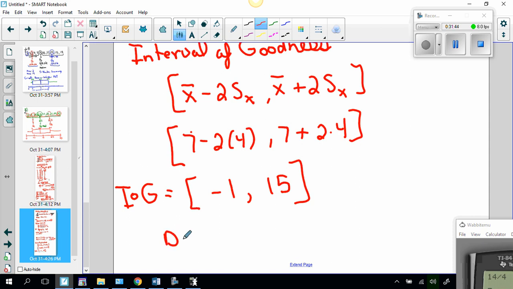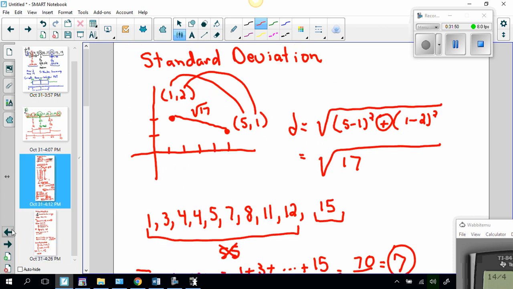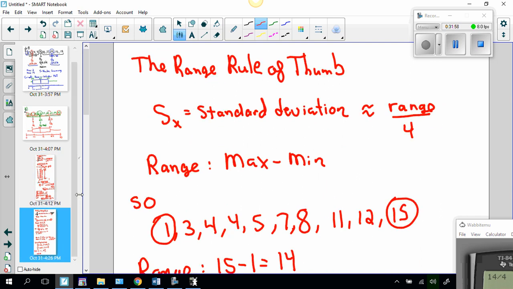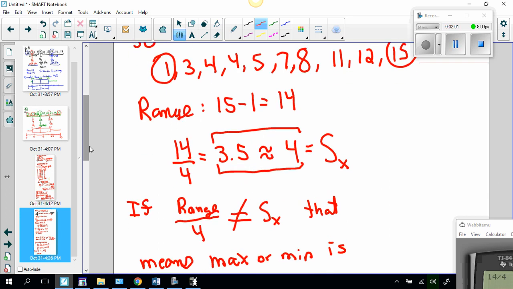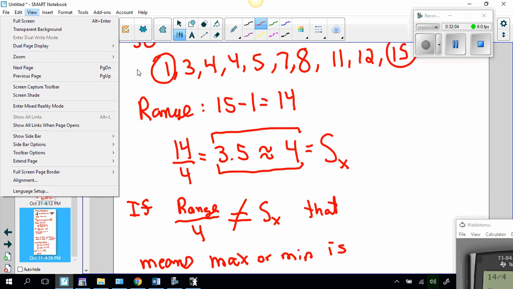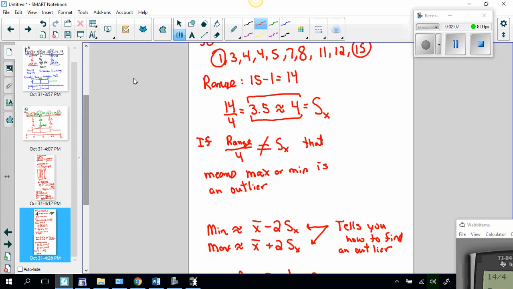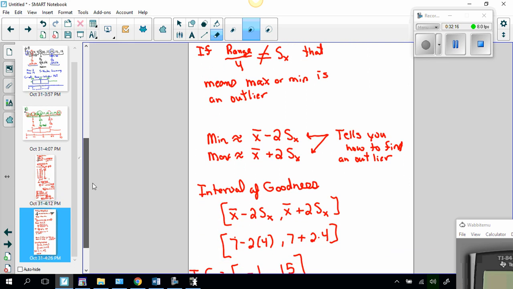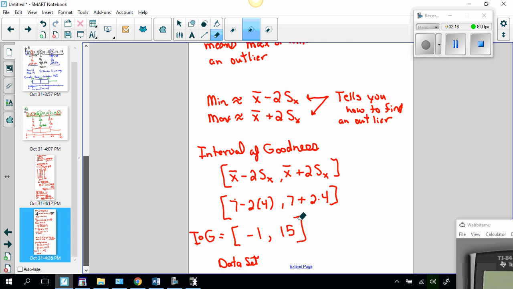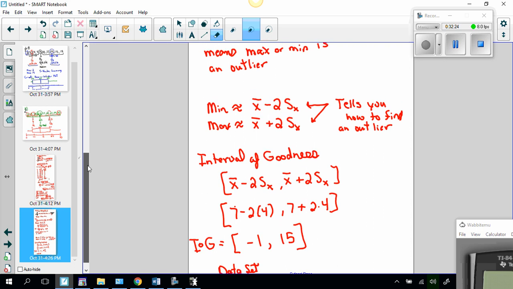My data set is 1 to 15. So here's my data set, 1 to 15. But my interval of goodness is negative 1 to 15. X bar plus 2 standard deviations away from the mean.